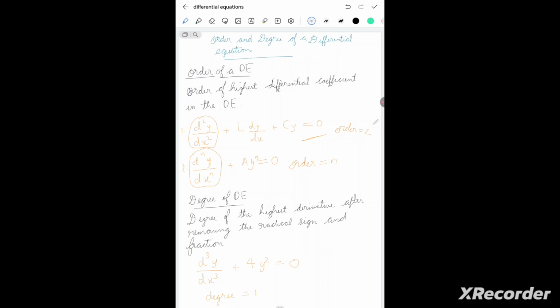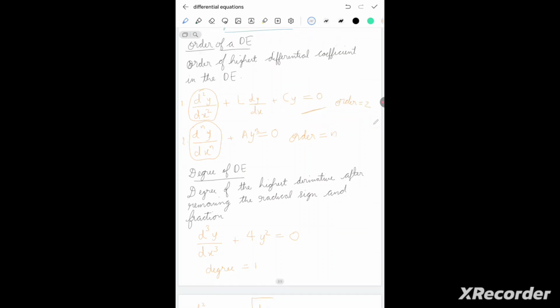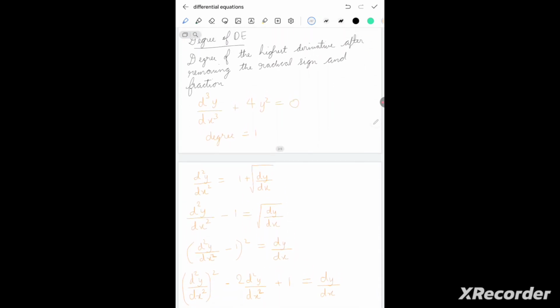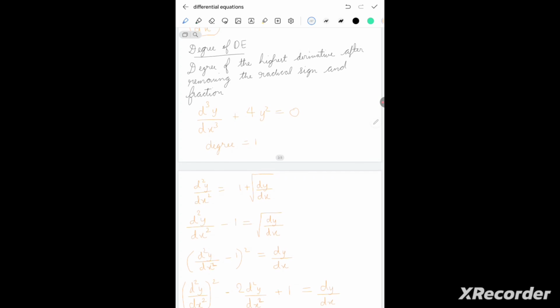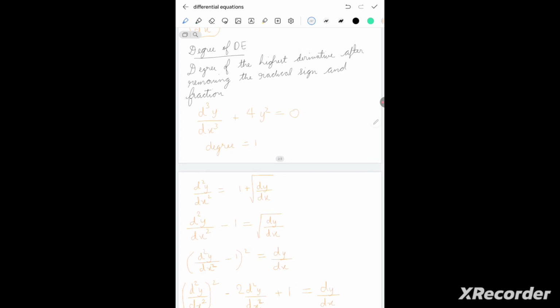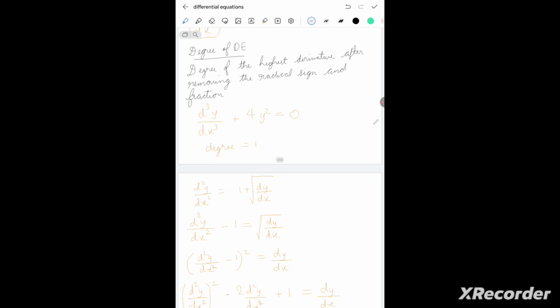Okay. Now next is degree of a differential equation. Degree of the differential equation is the degree of the highest derivative after removing the radical sign and fraction. So to find the degree of a differential equation, first you must check whether the differential equation is a polynomial or not. If it is a polynomial, then degree is defined.